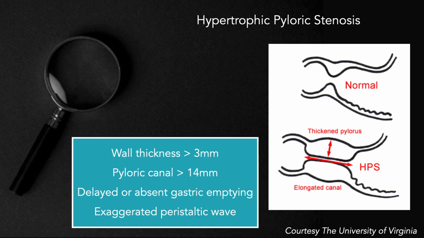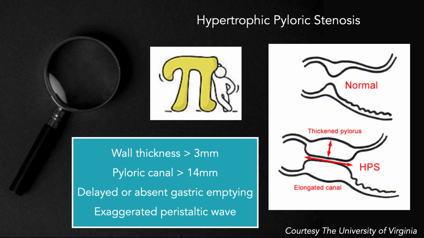When scanning for pyloric stenosis, you'll notice a wall thickness greater than 3 millimeters or pyloric canal length greater than 14 millimeters. You may also appreciate delayed or absent gastric emptying, as well as an exaggerated peristaltic wave. An easy way to remember the measurements in pyloric stenosis is to remember the number pi, 3.14.